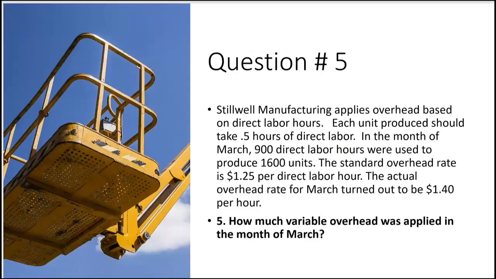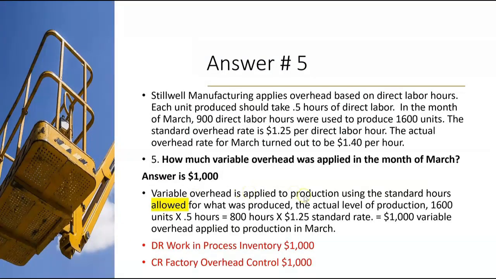So question 5, how much variable overhead was applied in the month of March? Well, variable overhead is applied to production using the standard hours allowed for what was produced. What was the actual level of production again? 1,600 units. What's the standard hours allowed for that? 0.5 each, or 800 total hours.